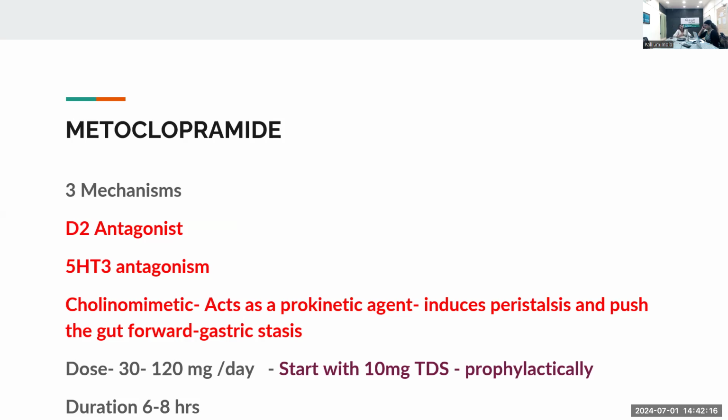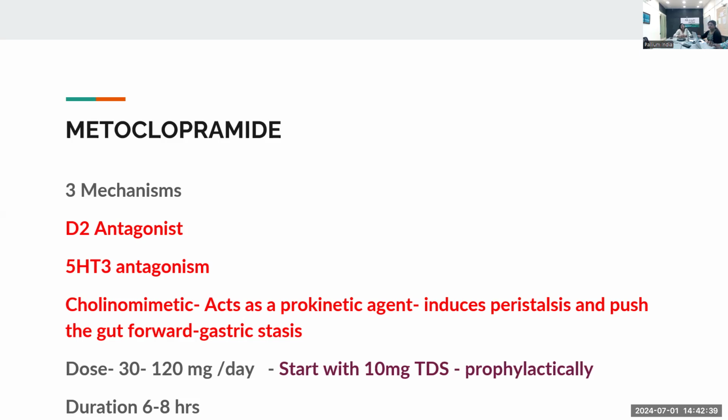It acts as a prokinetic agent, induces peristalsis and pushes the gut forward. See what happens when we take an opioid. When you take an opioid, there will be gastric stasis, right? So you can definitely use metoclopramide, because first of all it has an action on the receptor, and next it has action on the gut. It induces peristalsis and pushes the gut forward.